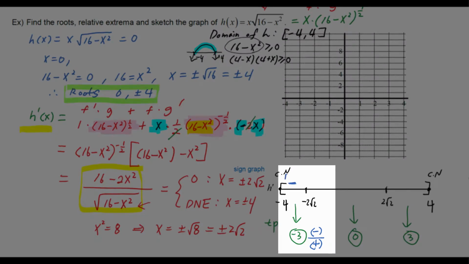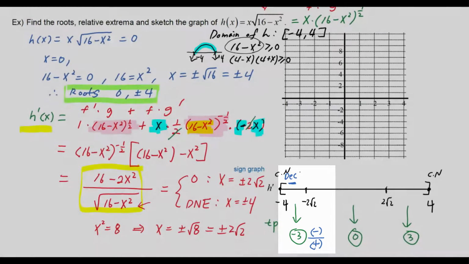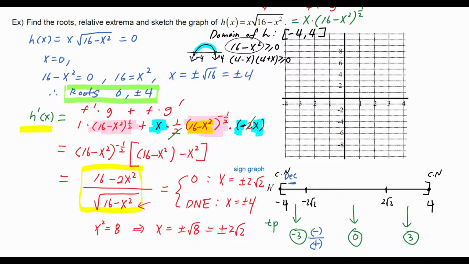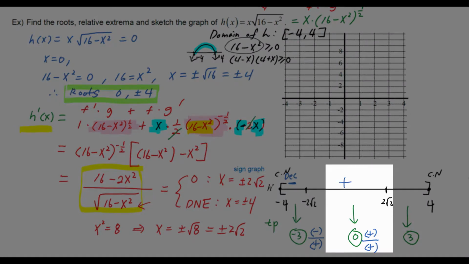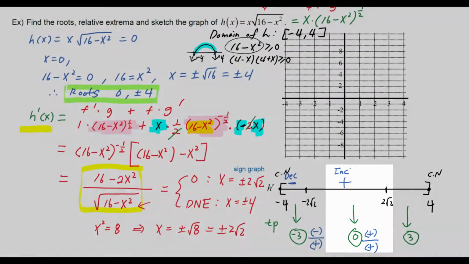So my graph will be decreasing from -4 to -2 radical 2. Now plug in 0. 16 minus 2 times 0 squared is 16, which is positive, over the square root of 16 minus 0 squared, which is also positive. And positive over positive is positive, so my function will be increasing on this interval.